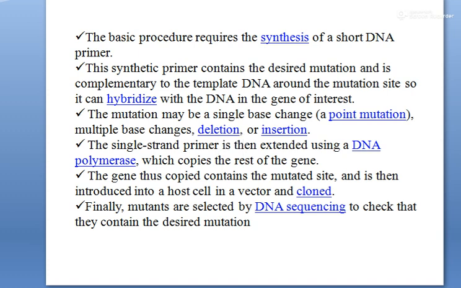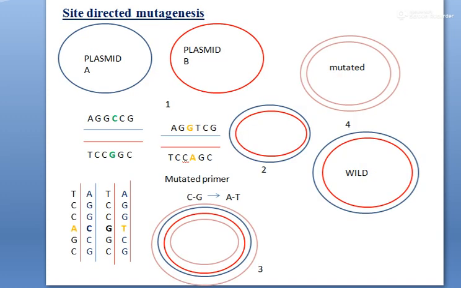That means the mutant can be checked by DNA sequencing, to see whether the sequence follows the desired mutations or not. Let's see the process of site directed mutagenesis by a diagram.